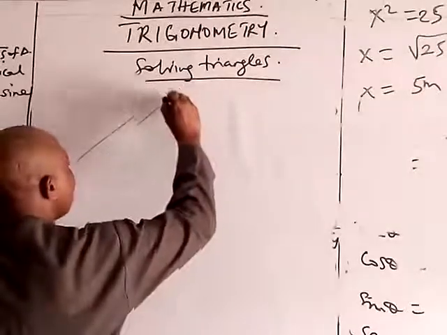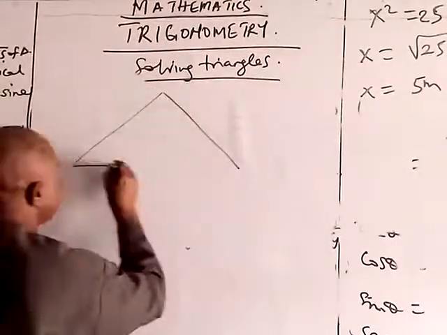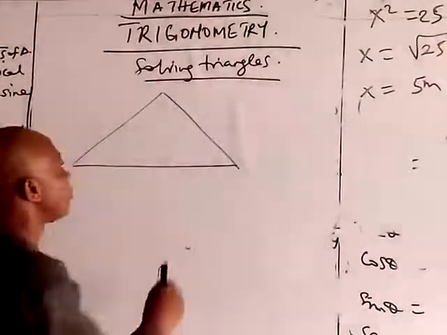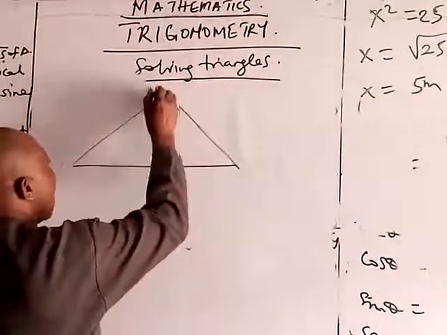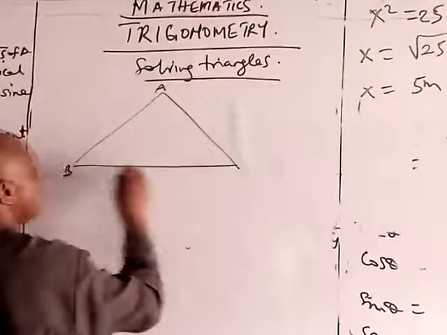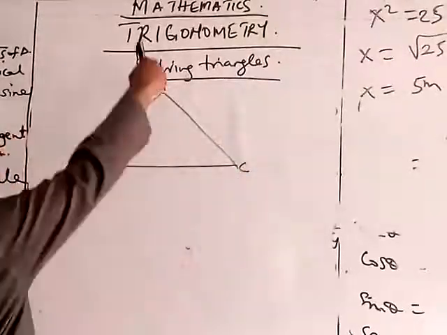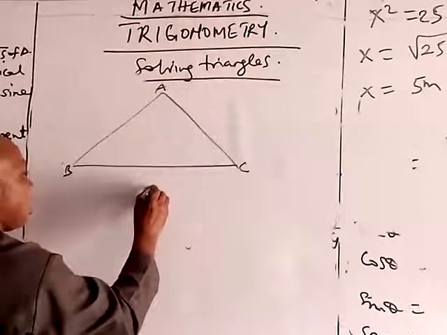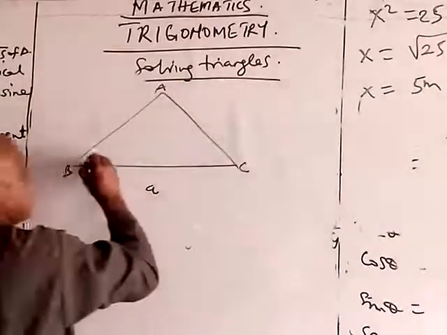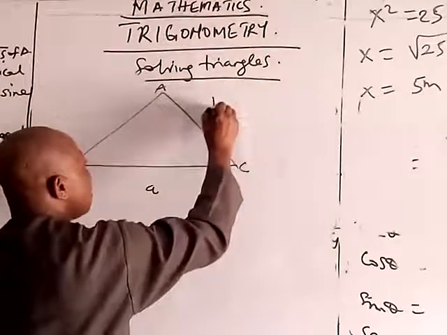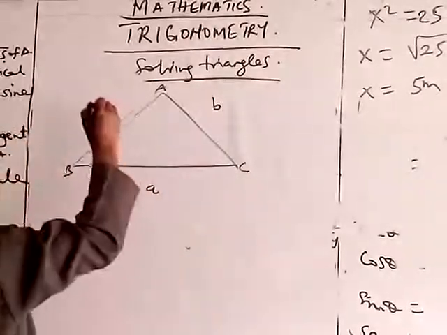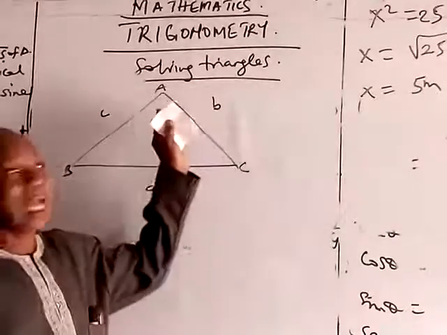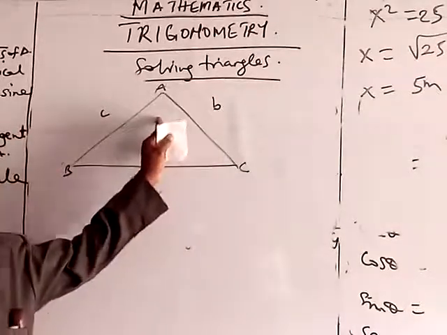You have this. This is a triangle. It's not a right angle triangle. You have A, B, C. The side facing angle A, we name it small a, and the side facing angle B, we name it small b, and the side facing angle C, we name it small c. We use capital letter for the angle.